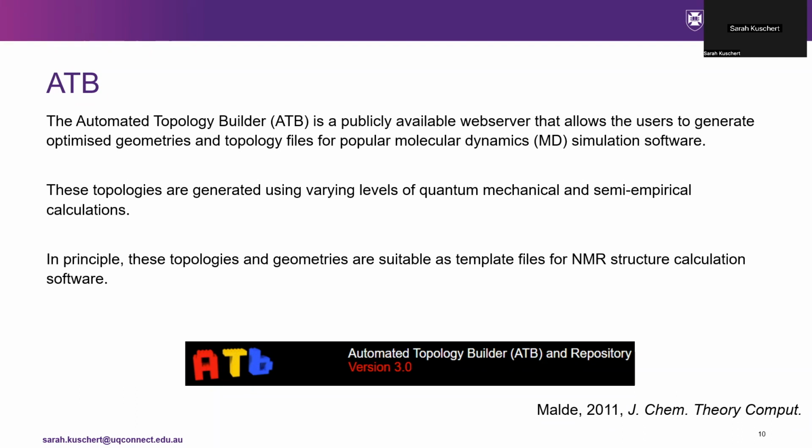So with Peter Güntert's permission, we integrated scilib into the ATB and created a system through which you can design your own non-standard amino acid, upload it to the ATB, and then have that provide to you a Cyana library file. However, there's a little bit more to it, and that's what I'll be outlining for you today.